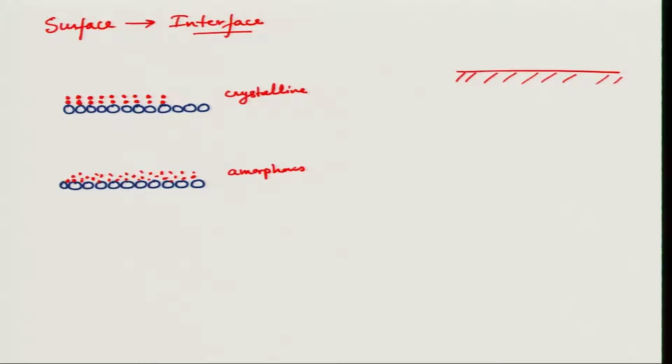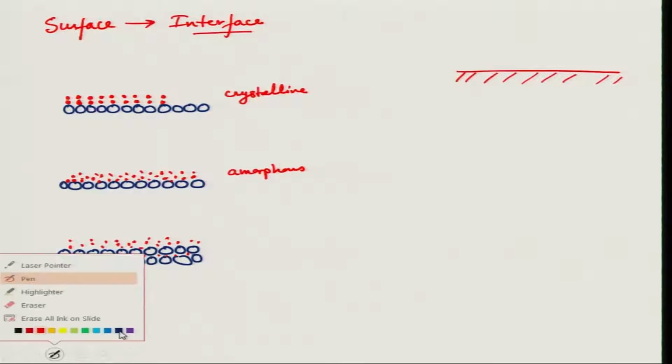And we can also have interdiffusion between the two materials, substrate and thin film, such that there is no sharp boundary between substrate and thin film. If this was my substrate, the thin film will grow like this, and there will be some mixing of the different species.